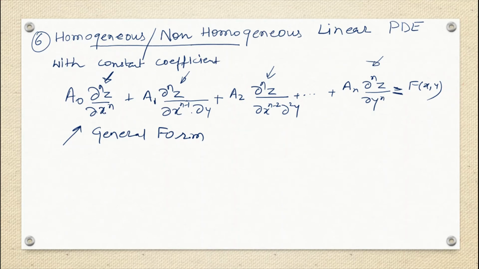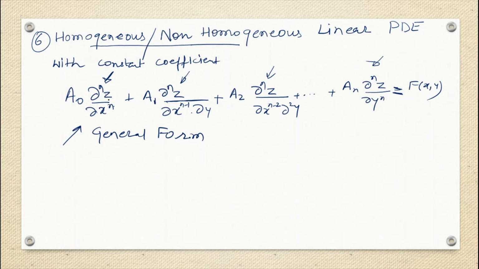What is the order? This is del n z by del x to the power n, right? So here the maximum derivative is what? This is the nth order, okay? Now in this term also you will find that the order is n only. In the numerator you will find del n z everywhere. So this is a partial differential equation where each and every term has partial derivatives of the same order.